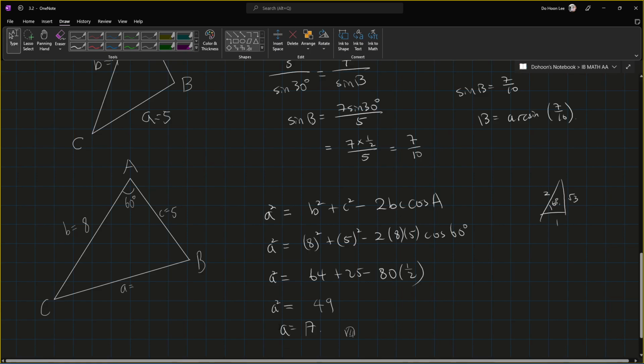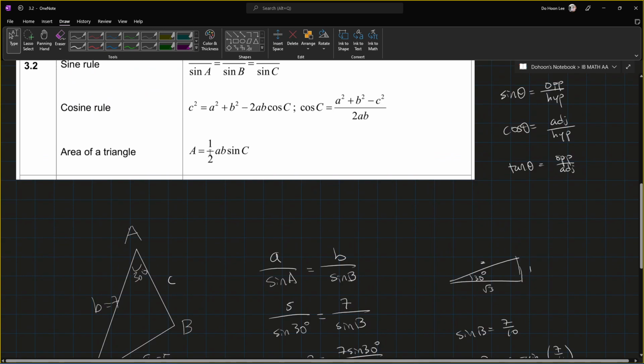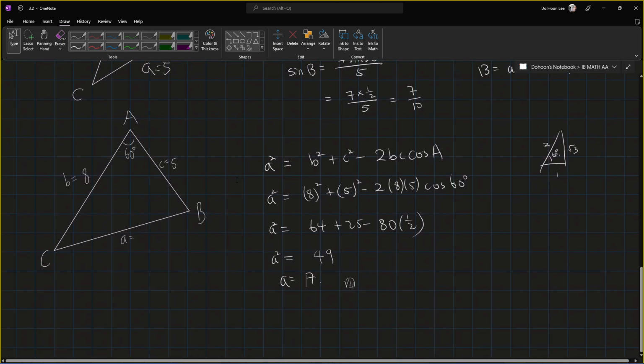Lastly, there is a general formula for finding the area of a triangle. Half of ab sine C. Let's try to find the area of the example that we just did. So, area is given as 1 over 2 ab sine C, but let's just change the names.